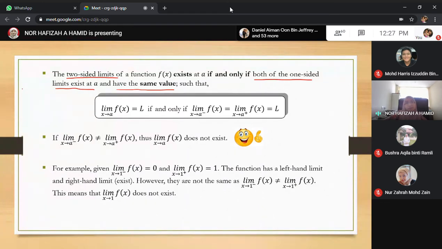Okay, so for example, for the one-sided limit, limit x approaches a minus of f(x), for example the value is equal to L from the left.